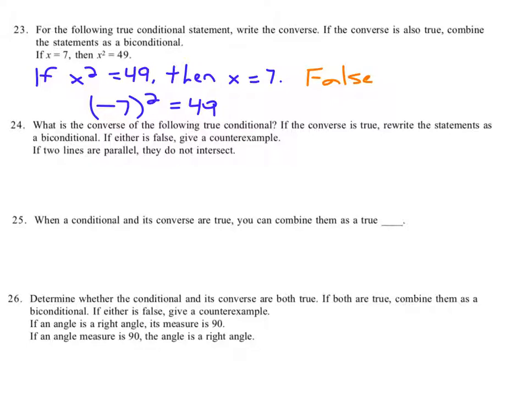Okay? Now, what is the converse of the following true conditional? And if it's true, write the statement as a biconditional. If either is false, then give a counterexample. Let's see. If two lines are parallel, they do not intersect. Okay?